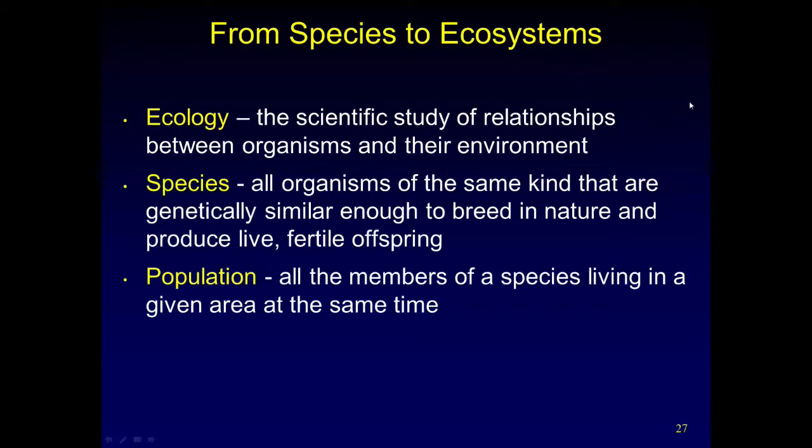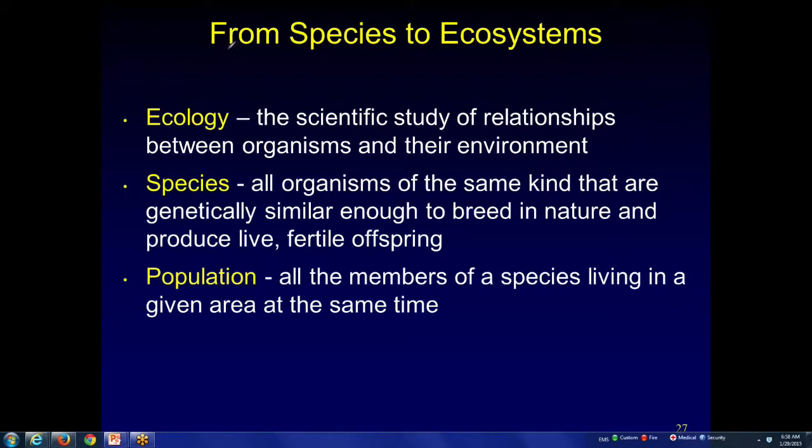So now let's look at the big picture, species to ecosystems, and again, keeping in mind all the things that we've just talked about, like the cycle of life that we just covered. Ecology. This is a very big part of this course. In fact, I'd say almost half of environmental biology is ecology. The scientific study of relationships between organisms and their environment.